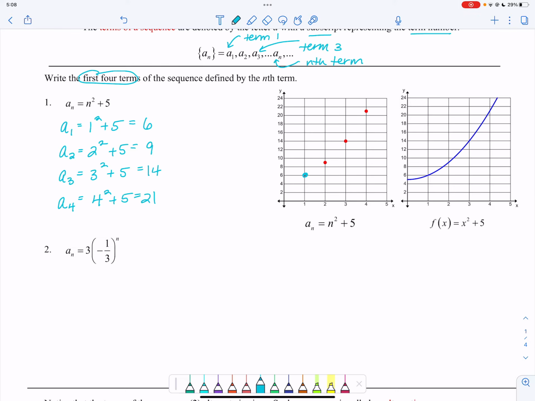So here we have n as the x-axis, and we have a sub n as the y-axis. And you can see that we have 6, 9, 14, and 21.